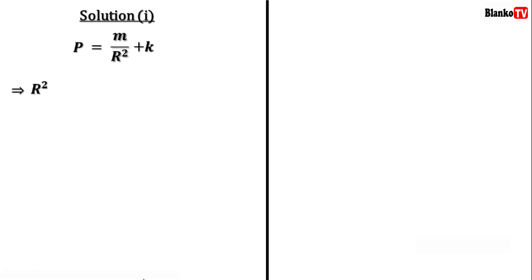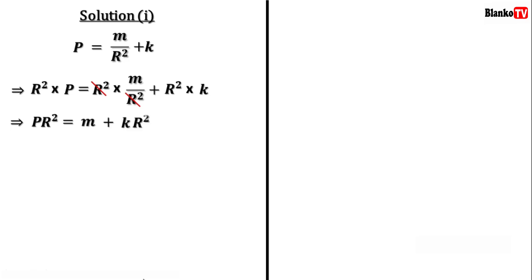So we have r squared times P equals r squared times m over r squared plus r squared times k. So r squared cancels r squared on the right hand side, and we'll be left with P r squared on the left hand side equals m plus k r squared.